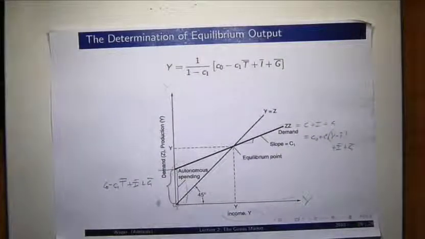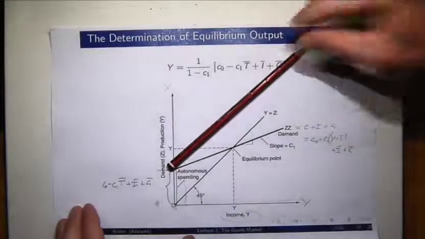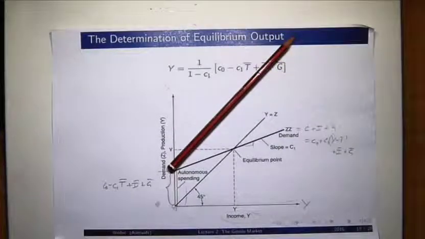If the slope of this curve would be C1 equal to 1, well, then the aggregate demand curve would look like something like this. And those two curves would never intersect. There would be no equilibrium. There would be no way that the production equals the demand.